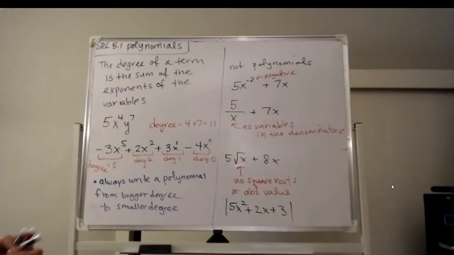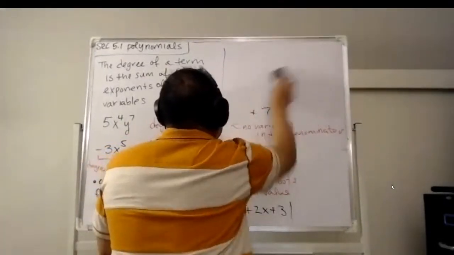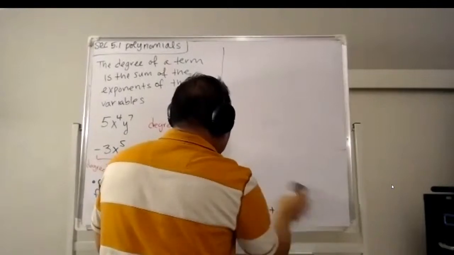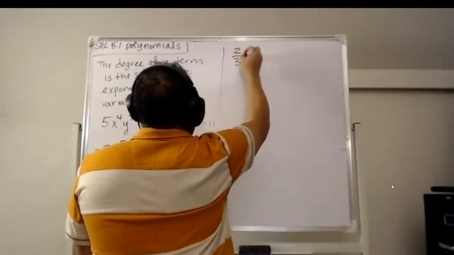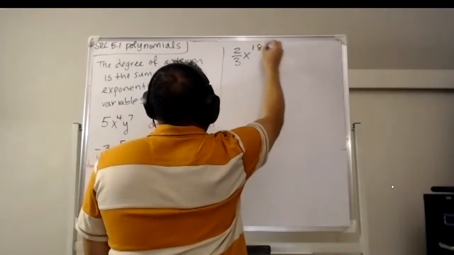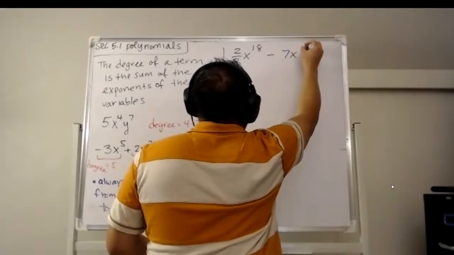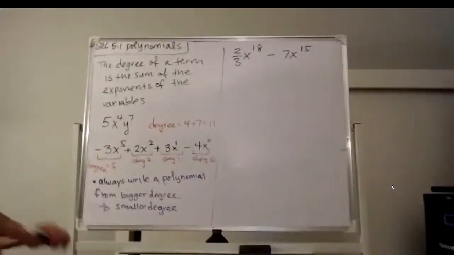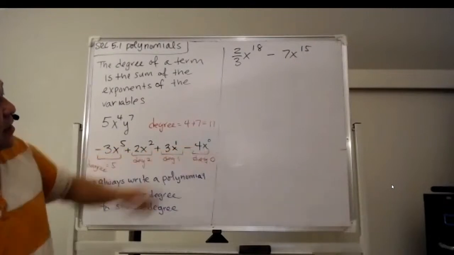Let me give you another example. Let's say I give you something like 2/3 x to the 18 minus 7x to the 15. That's still a polynomial. I don't have to have an x, and I don't have to have a number by itself.